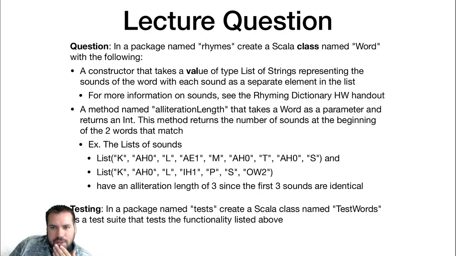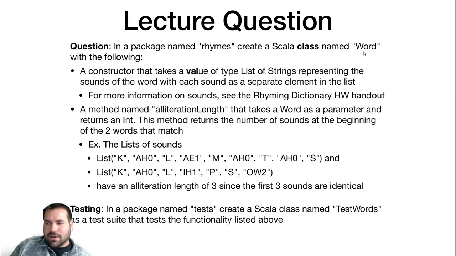Comparing words: does it take a word as a parameter, meaning a string? No, I do mean takes a word as a parameter. I will be careful with my language on each one of those. It does take a word as a parameter, which is the new type that you're creating in this lecture question.